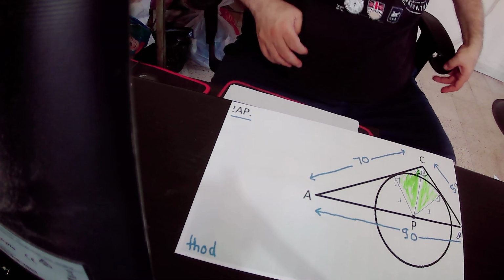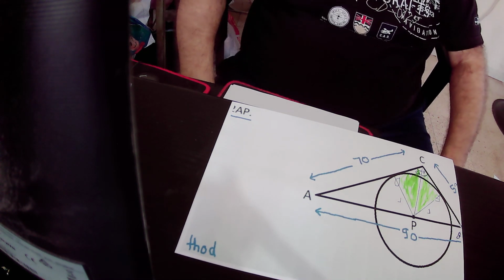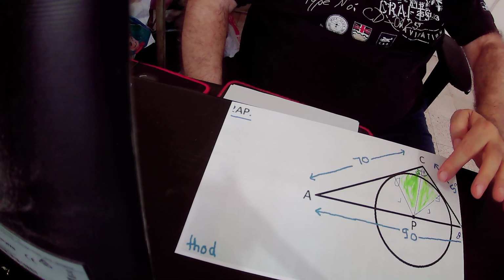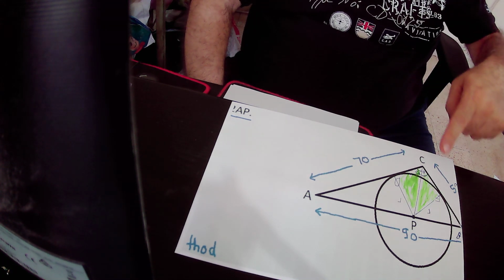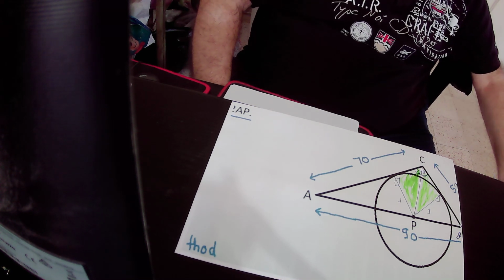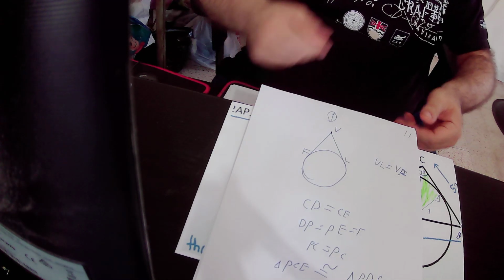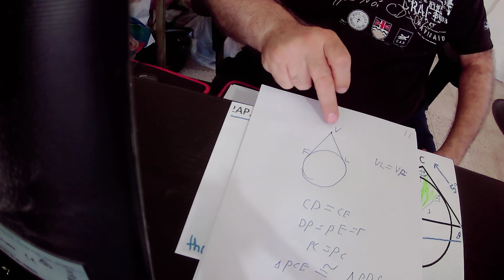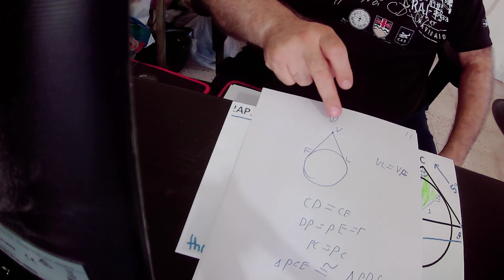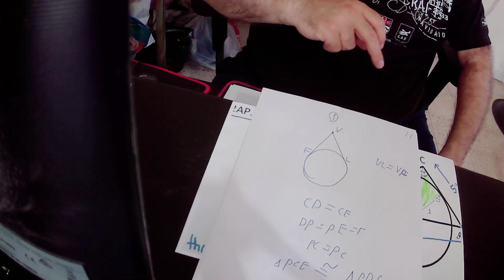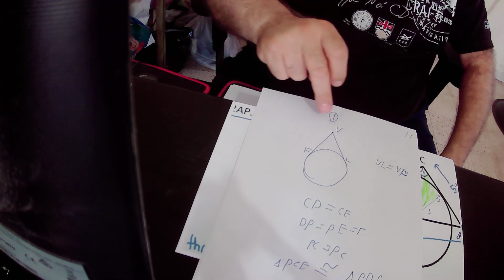So we actually have two congruent triangles, because CD equals CE, according to the rule that if from an external point of a circle, this point C is external to this circle, you draw two tangents to the circle, then those two tangents equal each other.